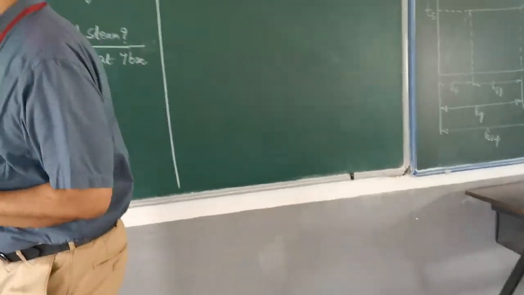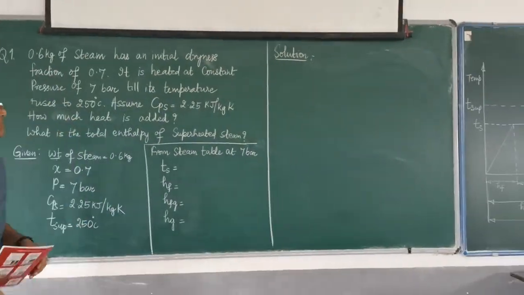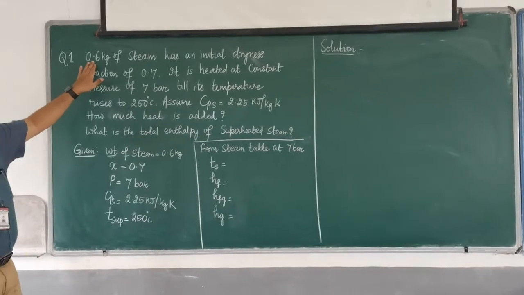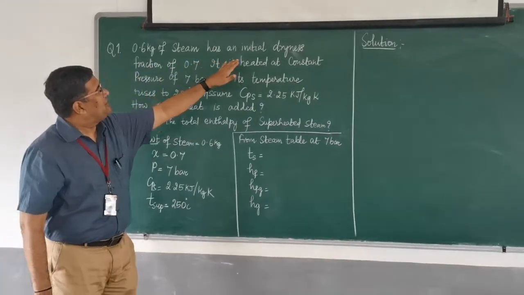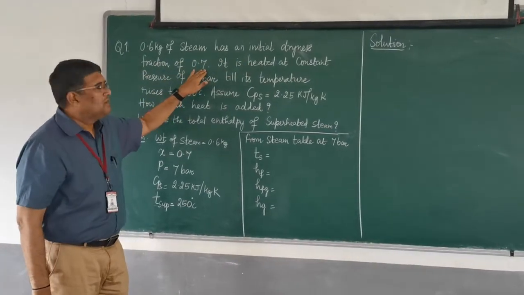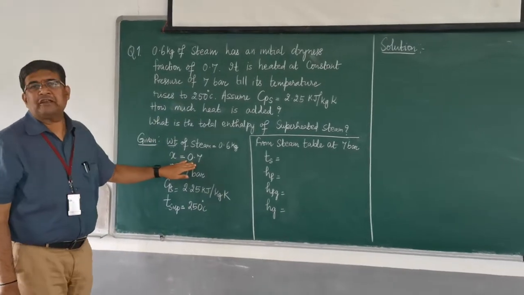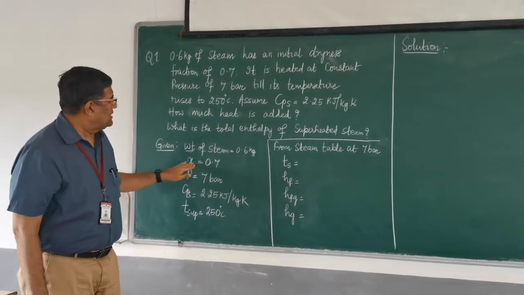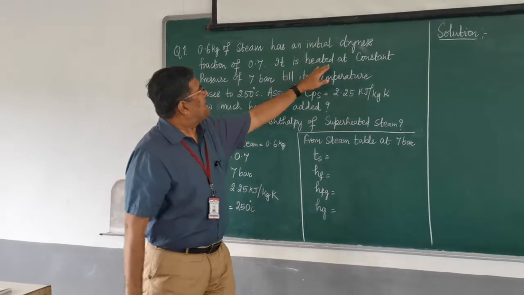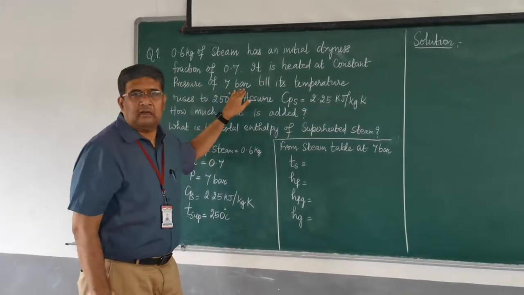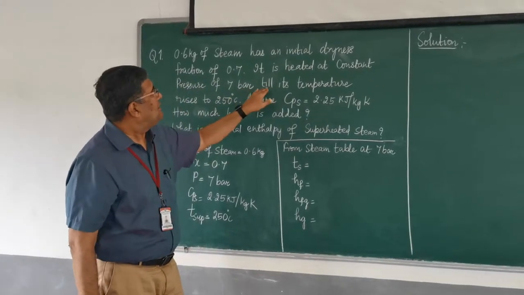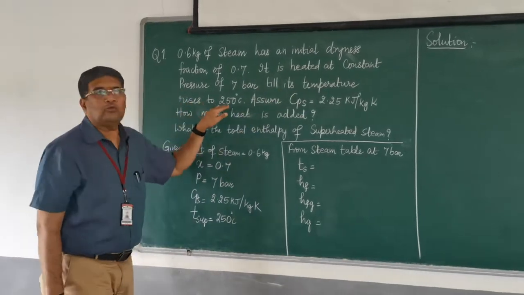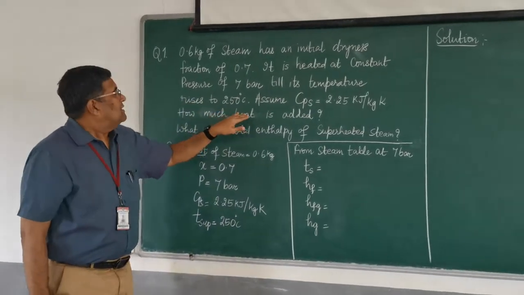Now here I have written a statement of a problem. It is mentioned that 0.6 kg of steam has an initial dryness fraction of 0.7. Dryness fraction is always denoted by x, so x is 0.7. It is heated at a constant pressure of 7 bar, so the pressure value is also given, till its temperature rises to 250 degrees centigrade.